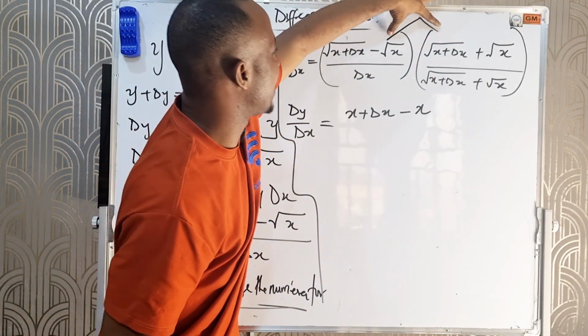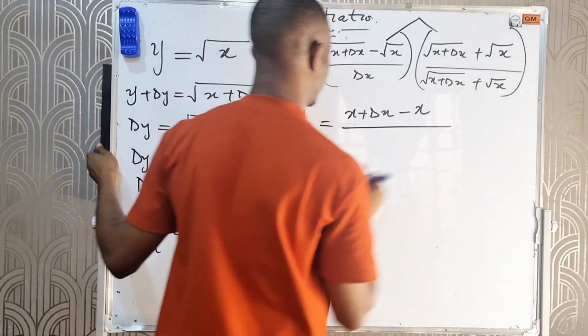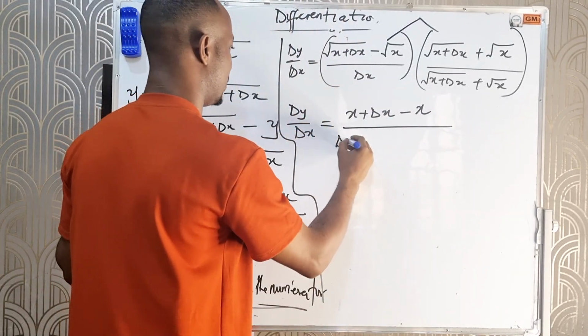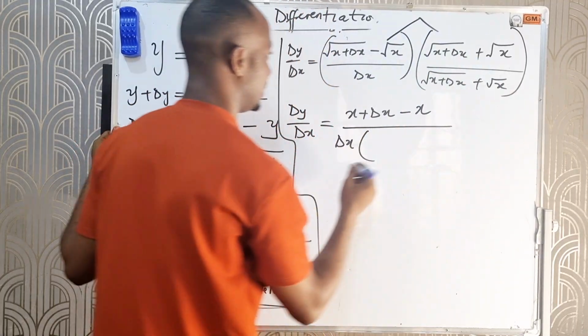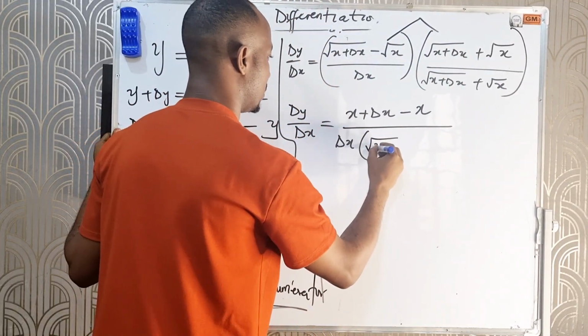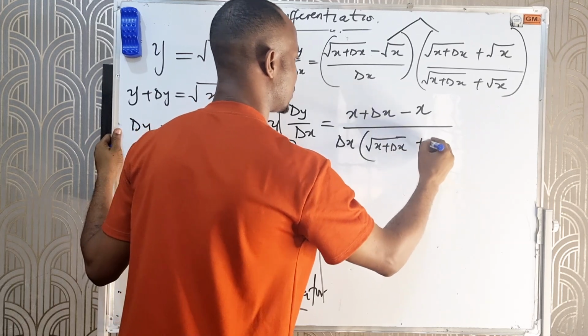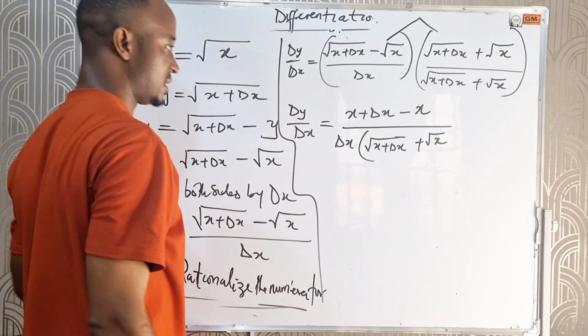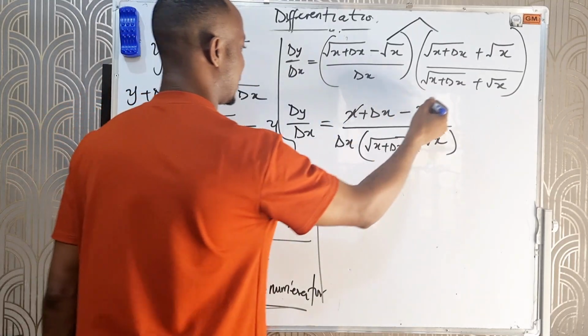So by multiplying these two, the result will give us this. Then divided by, here we have delta x in bracket. Delta x is multiplying everything here. That will give us root x plus delta x plus root x. Okay, x minus x we cancel out, right?